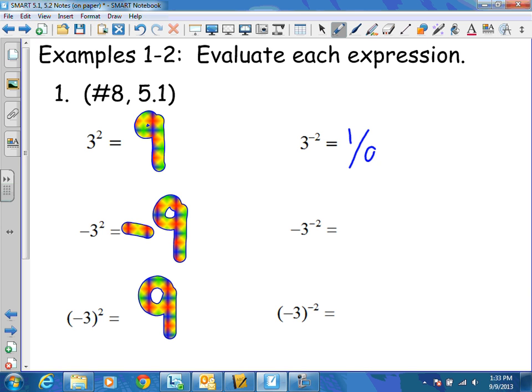I didn't expect it to be that big. Is that right, guys? Yeah.